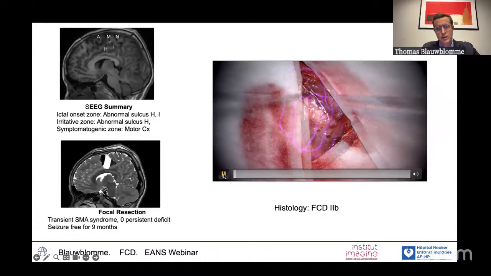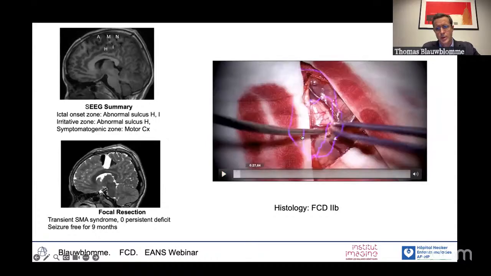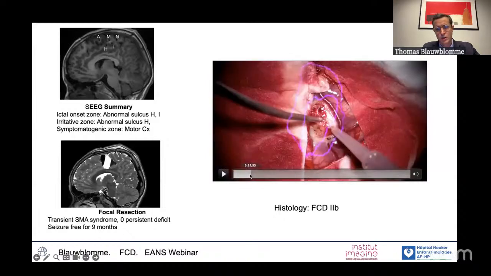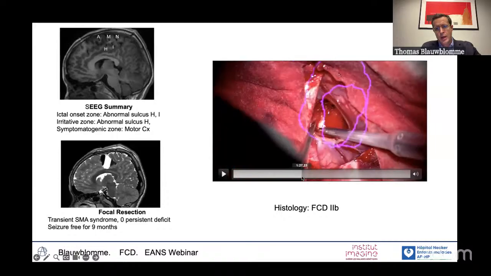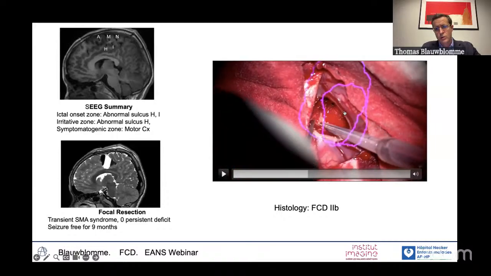And as you can see here, surgery is greatly helped by the use of intraoperative navigation with image injection inside the cortex. What is important with surgery is that you will use anatomical landmarks, which are the sulci for this patient.